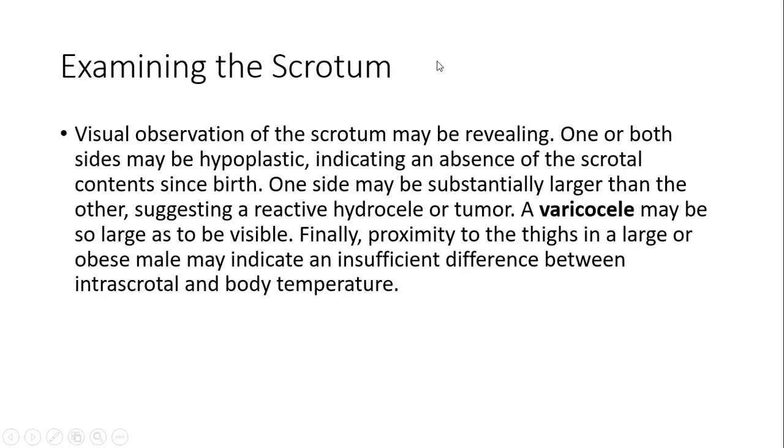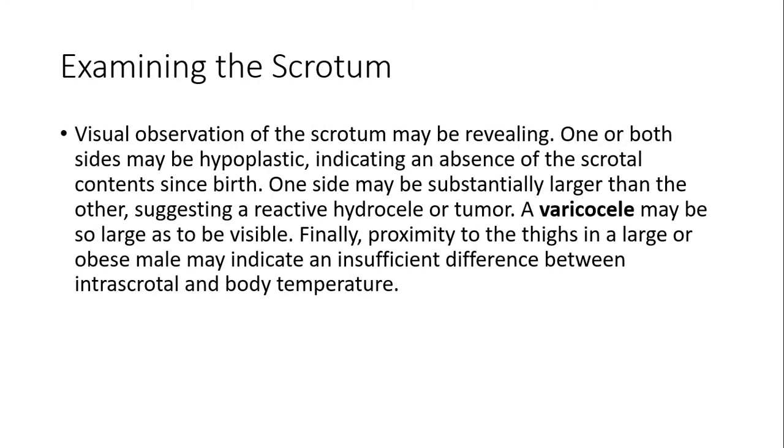Examining the scrotum. What can we check during the examination of the scrotum? First of all, of course, varicocele. We can also suggest hypoplastic changes of the testes, so we can evaluate the size of the testes. How to evaluate it will be on the next slide. There might also be absence of the scrotal contents, usually due to cryptorchidism.